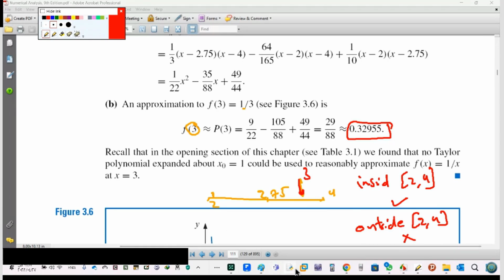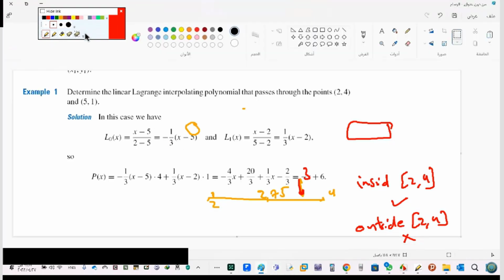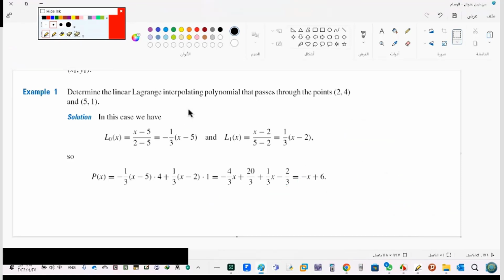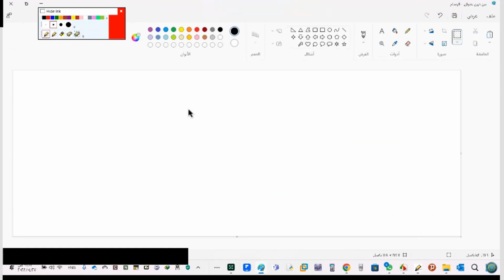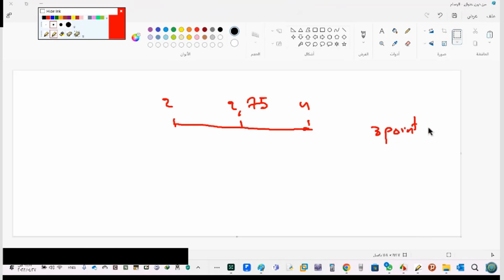Okay, let's open this and talk about this idea. I have now, for example, 2, 2.75, and I have 3 points. 3 points gives to me degree 2, degree 1.